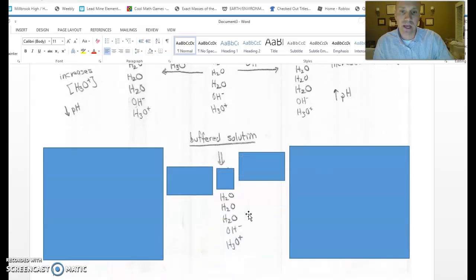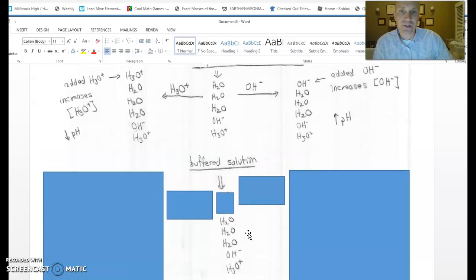All right, so let's contrast that to what happens if you have a buffered solution. What are you going to have if you have a buffered solution? Essentially a buffered solution is going to be exactly like what you would have with water. So we've got billions of these water molecules. We have an occasional hydroxide, which would be matched by an occasional H3O+.